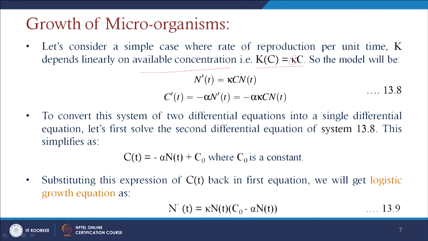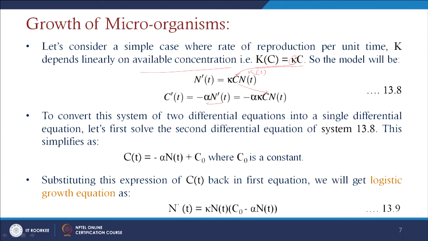So, the model we can write as n dash t, which was earlier written as k of C into n of t. So, we can directly replace k of C by k C into n of t, and C dash t is written as minus alpha into n dash t, and n dash t can be replaced by minus alpha k C n of t here.